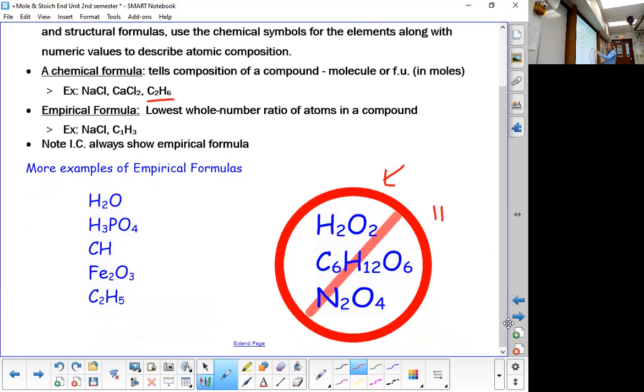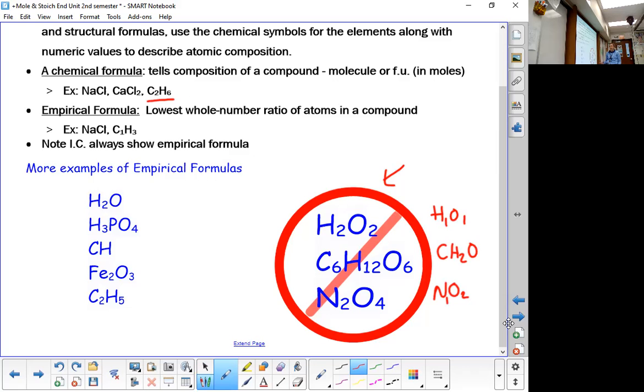This first one could be reduced down to H1O1, the C6H12O6 could be reduced to CH2O, and the N2O4 could be reduced to N1O2 or just NO2.